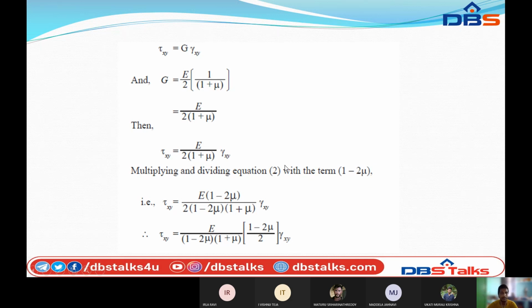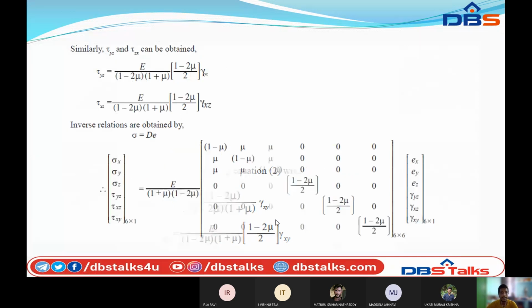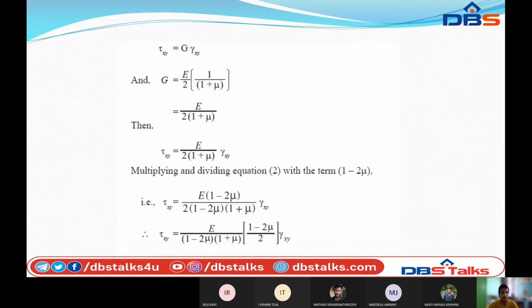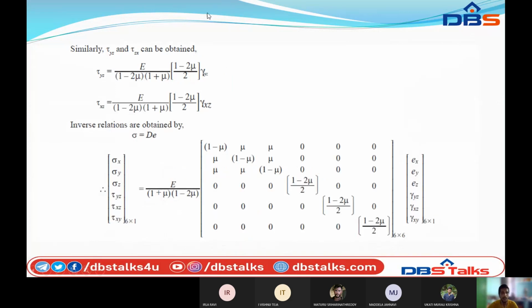After that, tau xy equals E by 1 minus 2 mu into 1 plus mu, and writing 1 minus 2 mu by 2 times gamma xy. Similarly, tau yz and tau zx will be E by 1 minus 2 mu into 1 plus mu, 1 minus 2 mu by 2, times gamma yz, where gamma is the shear strain.